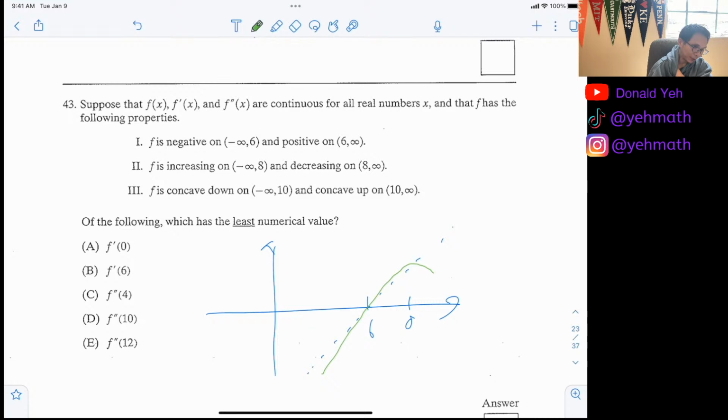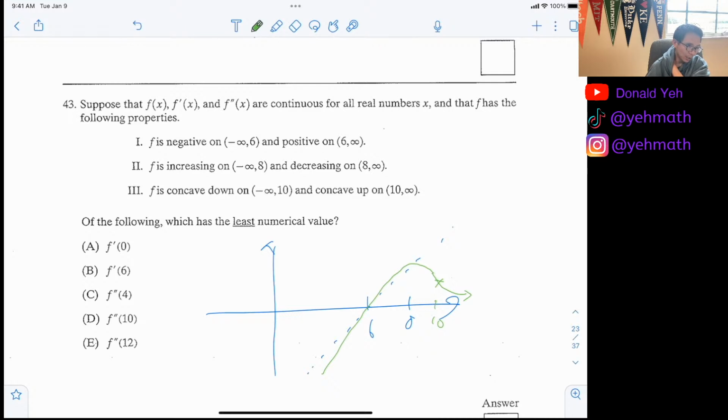And the third is F is concave down. So concave down to 10. And after that it's concave up. And it's probably like this. Those are inflection points. So the green line is pretty much accurate. Let's see if I have all the conditions. Negative infinity to 6 is negative, and 6 to infinity is positive.